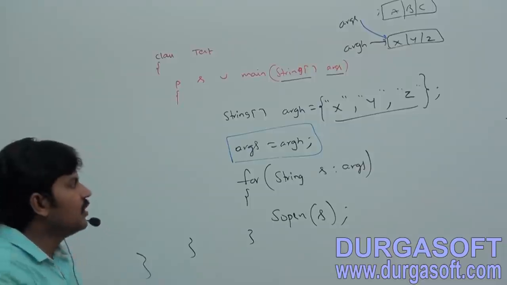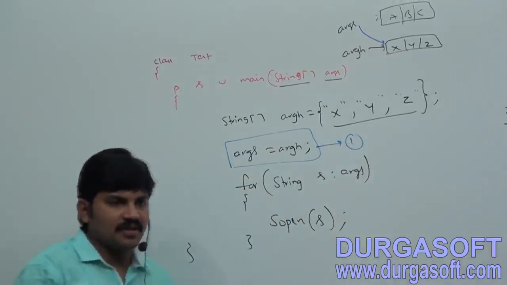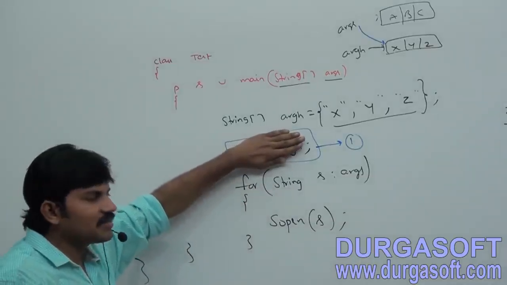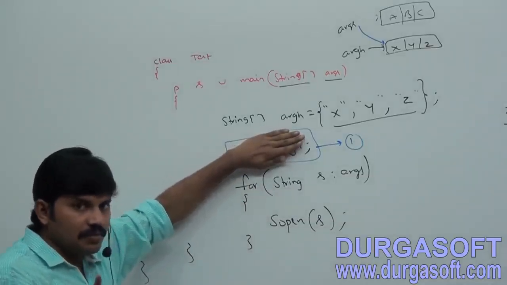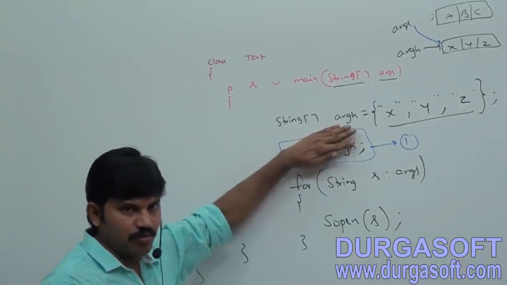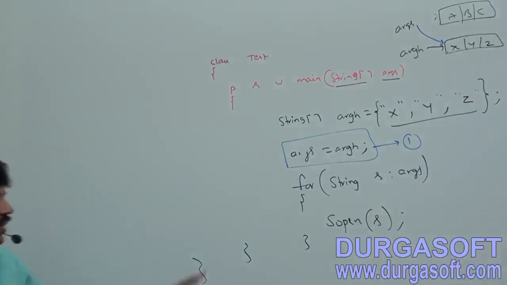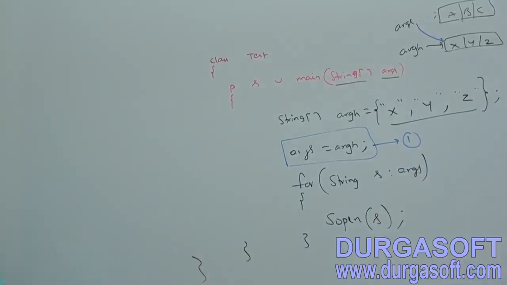Suppose this line is not there. Can you tell what the answer is in the first case? ABC. Second case? AB. Third case, nothing, no output, right? Okay, take this example clearly, this code followed by that.